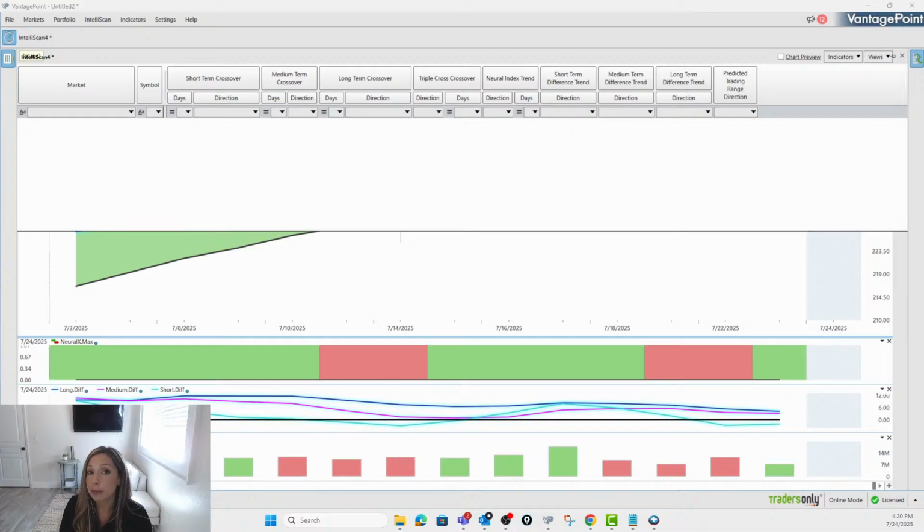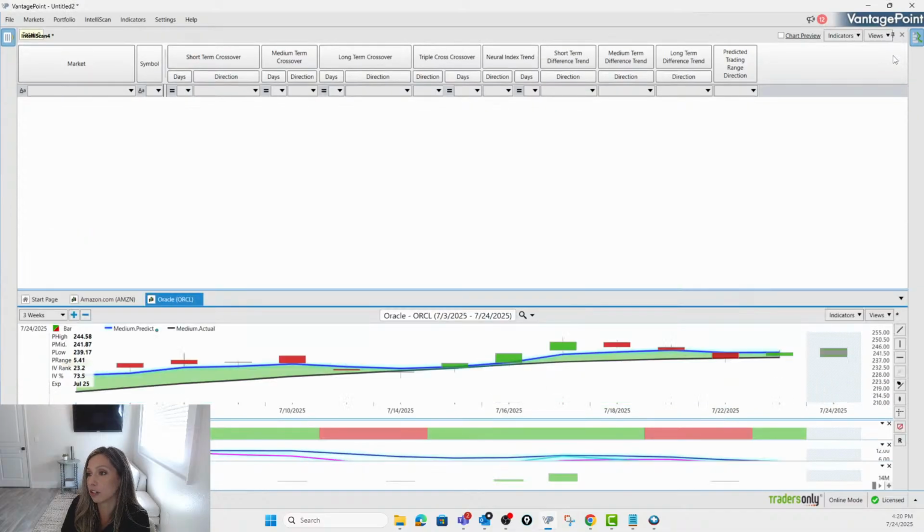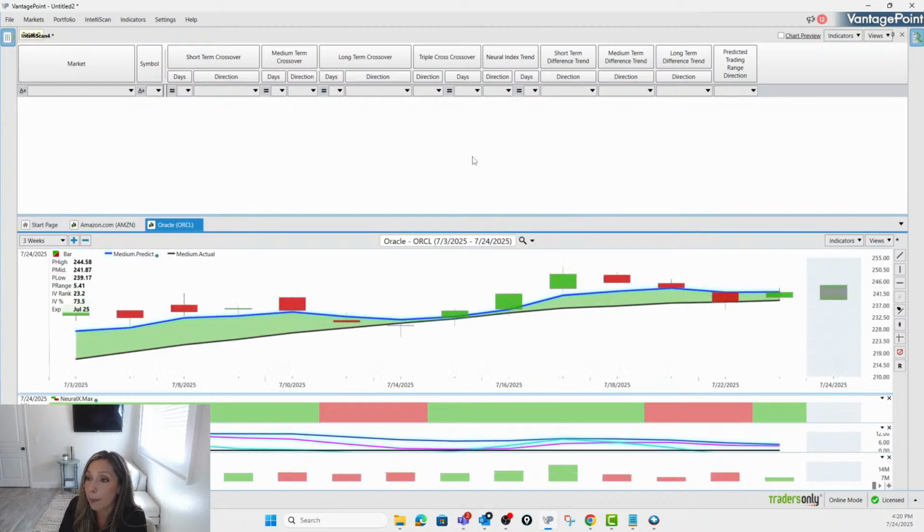So we can actually pinpoint and identify very specific types of opportunities that would meet an individual's trade setup. That's the beauty of having this customizable scanning feature here in VantagePoint, is that you can identify trends that would work best for your particular trade strategy. So I'm just going to pin this scan to our main page just so we can set this up together.